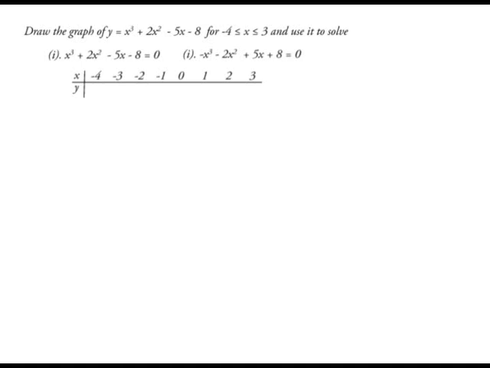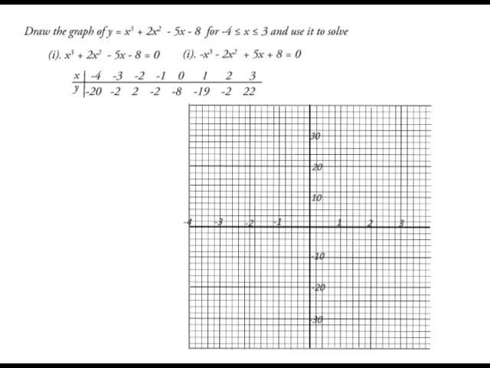We substitute in the equation and calculate the corresponding values of y. So we get -20, -2, positive 2, -2, -8, -10, -2, and then 22. We plot those points, and when we join them, this is the graph.